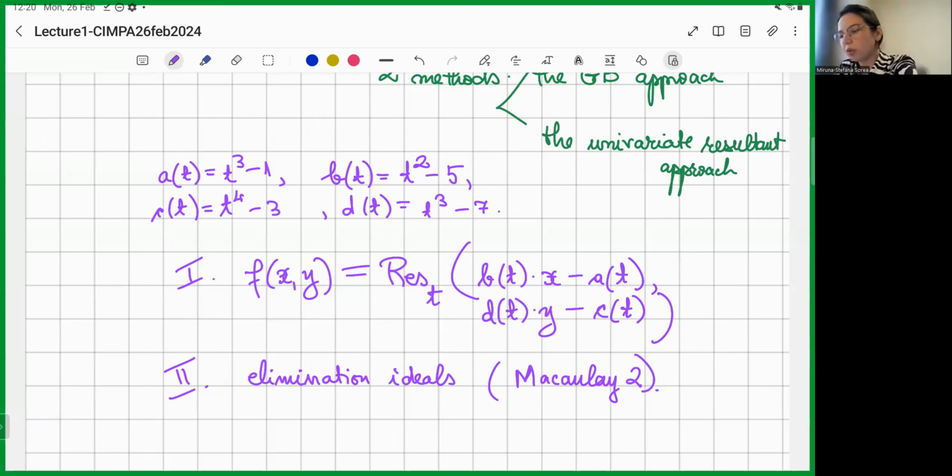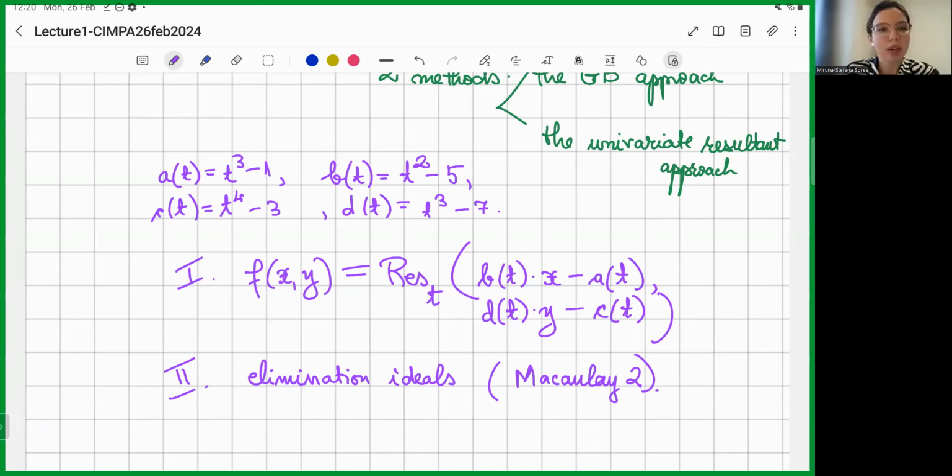Time to see some theory. The first one we will consider, and that's the first part, is the univariate resultant and the discriminant, which is a special case of the resultant.